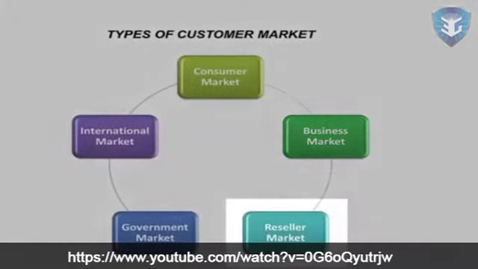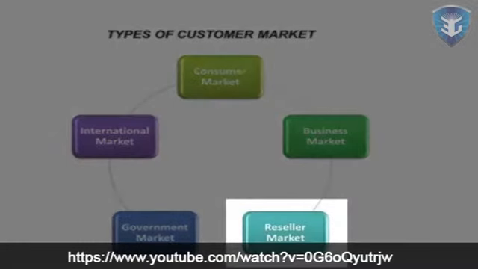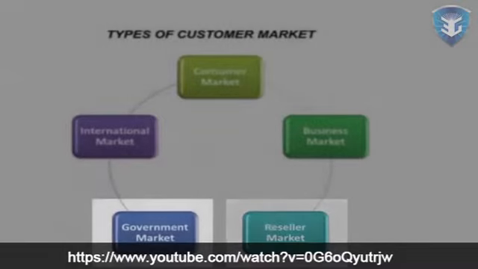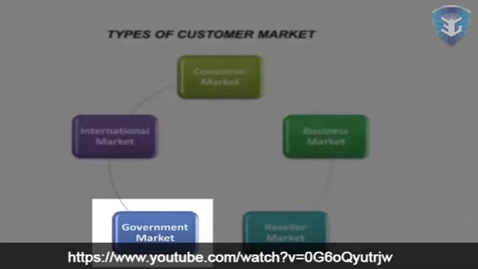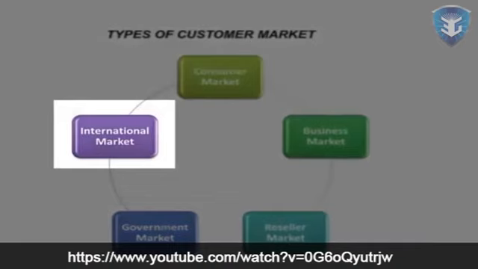The third one are the reseller markets. They buy goods and services in order to resell them at a profit. The fourth are the government markets. These are the agencies that buy goods and services in order to produce public services or transfer them to those who need them. And lastly, we have international markets. They are the buyers in foreign countries.